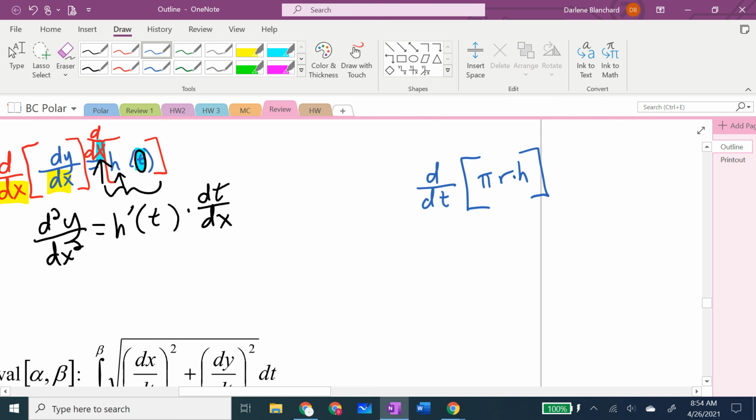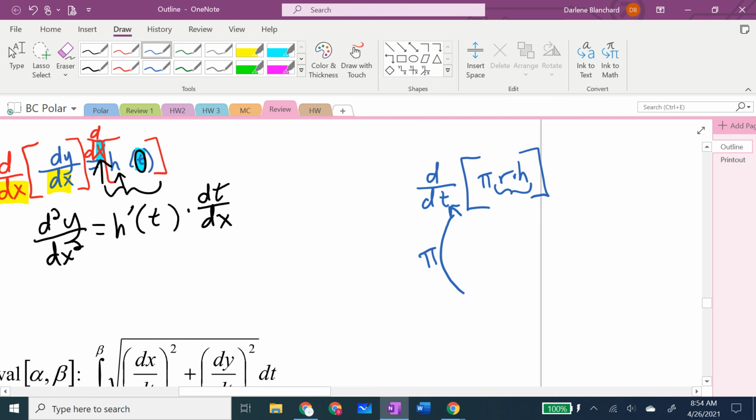R and h, if they are variables, have to be treated as their own function. Now, pi is a constant multiple, so you can pull it aside, and then you have to do a product rule on those two, but with respect to time.